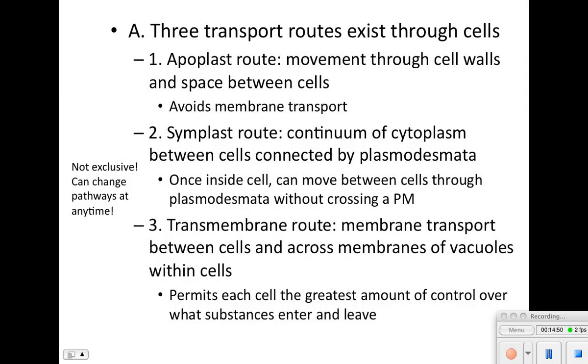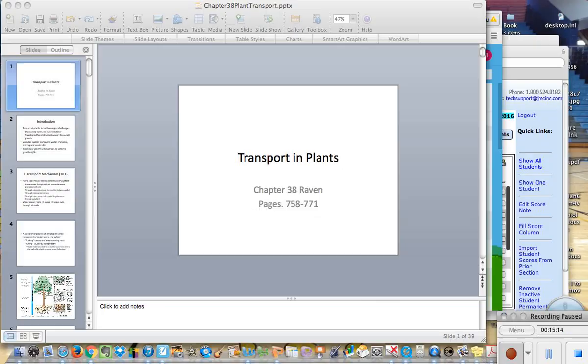There are three transport routes inside the cell. The first one is the apoplast route, where it goes through the cell walls and the space between cells. We have the symplast route, which means it goes through the cytoplasm between cells, usually through plasmodesmata is how I like to think of it.